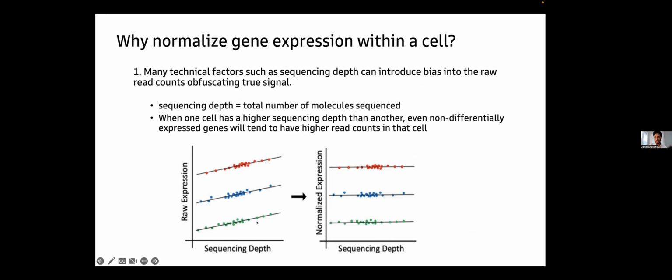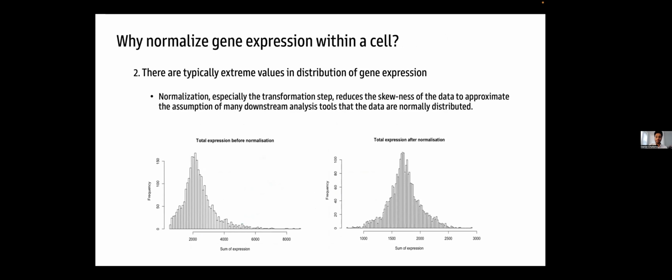It's just that we sequence deeper. It's not that the number of genes is higher. So we want to correct for sequencing depth, so that in the normalized expression, even though the sequencing depth is higher, the number of genes that we assign to that cell are the same.